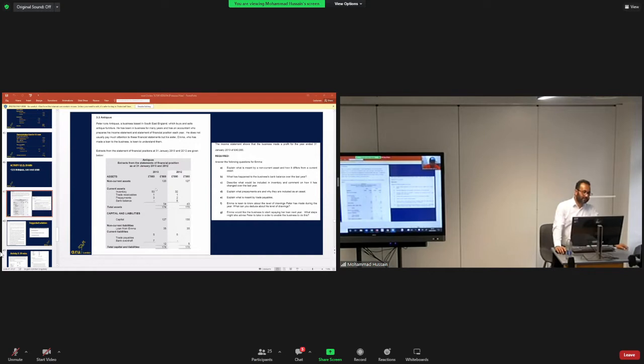Net current assets are 120,000 in 2013 and were 127,000 in 2012. Current assets are also given here: inventory, trade receivables, prepayments, and bank balance. Capital was 130 in 2012, but now 127. For liabilities, the loan is the same, 35,000. Current liabilities: trade payables are 5,000 and the bank overdraft is 7,000.